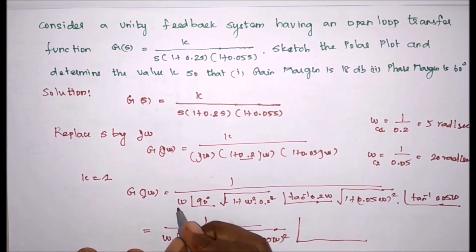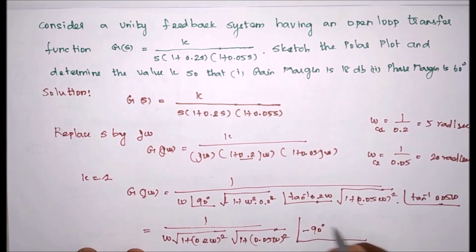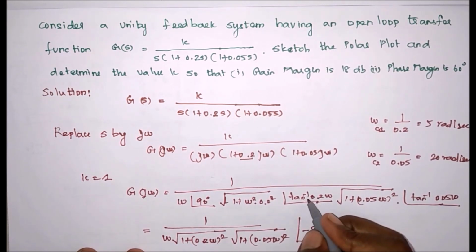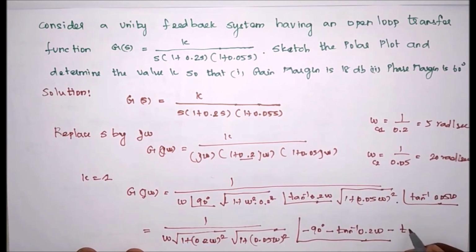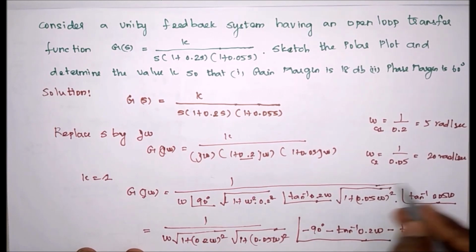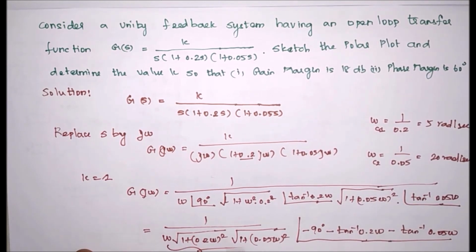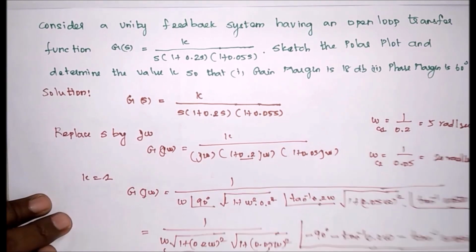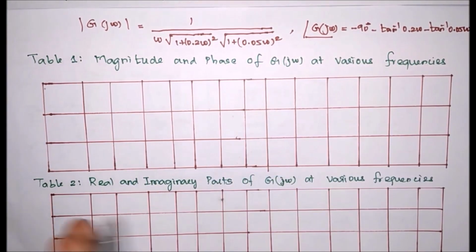Angle equal to, when we take the 90 into the denominator, it will become minus 90 degree, minus tan inverse of 0.2 omega, then minus tan inverse of 0.05 omega. So now this is the magnitude and this is the phase angle.